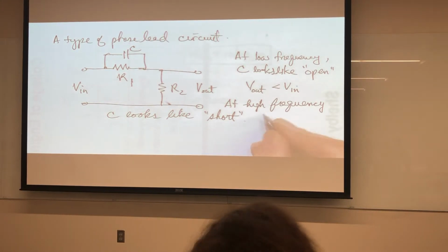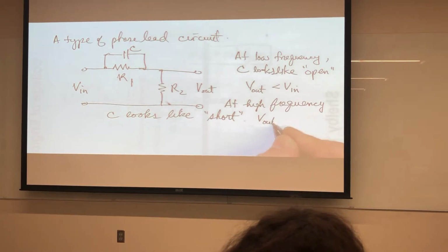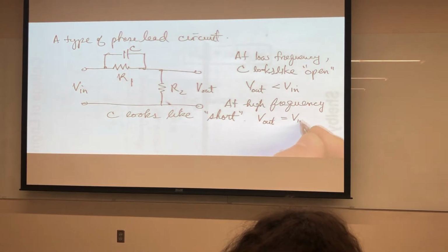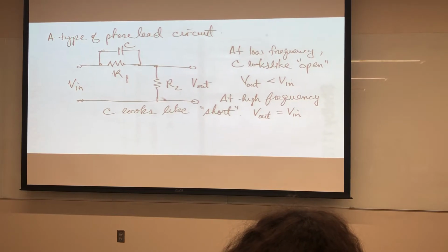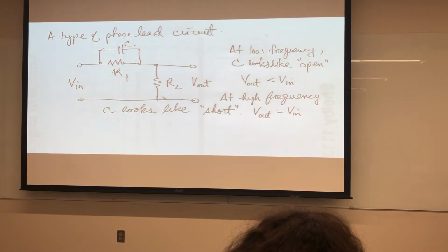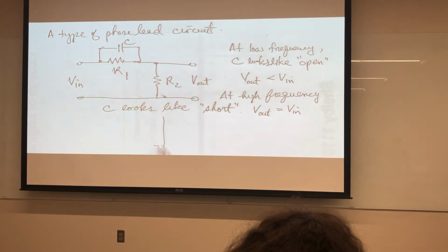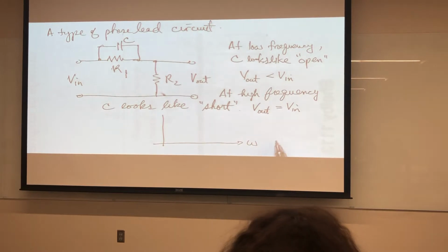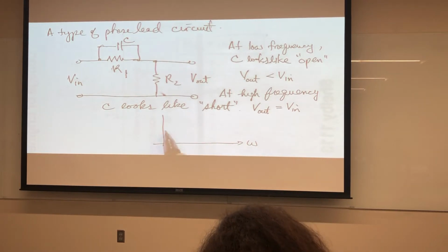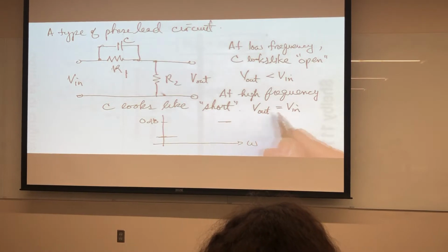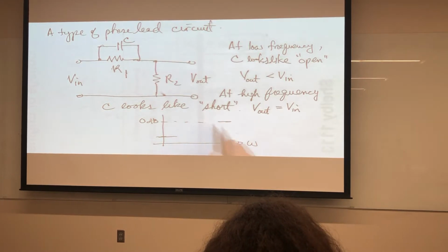And then what happens is that Vout is equal to Vin. So if I look at the magnitude as a function of frequency, at low frequency I get something less than 0 dB, and at high frequency I get a gain of 1, which is 0 dB. And so I get this.